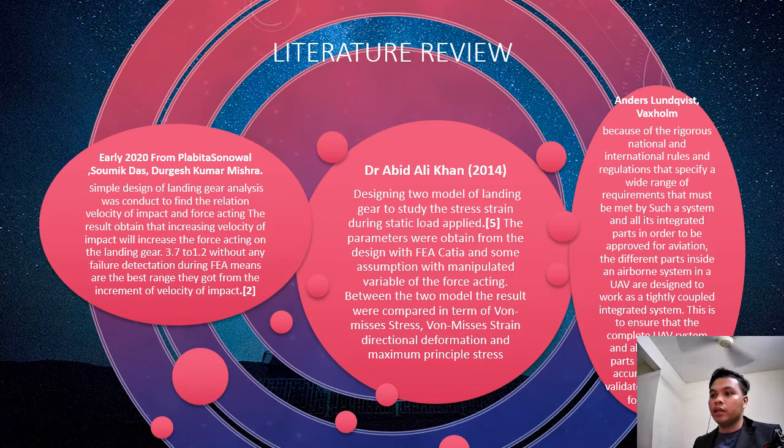This is to ensure that the complete UAV system and all its integrated parts can be accurately verified, validated, and certified for aviation. It means that for the design of the UAV, the compartments must follow the regulations developed by aviation. So, in order to design, the regulations must be considered.